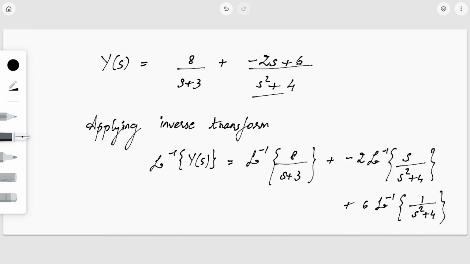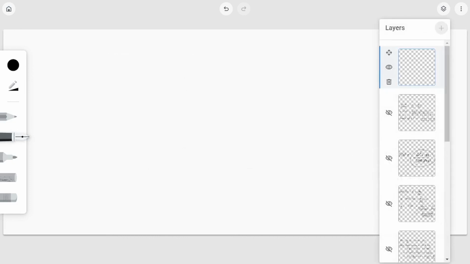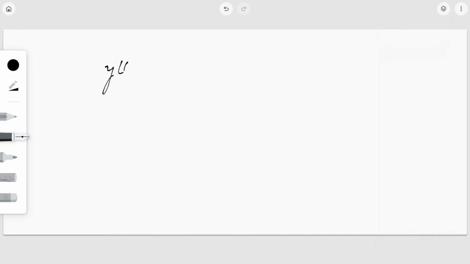So what will be this value? The script L inverse of Y(s) is nothing but y(t), which is the solution of the differential equation, and the script L inverse of 1 by (s + 3) is nothing but e^(-3t), and we have minus 2 into script L inverse of s by (s² + 4), that is nothing but cos 2t, and we have 6 into script L inverse of 1 by (s² + 4).